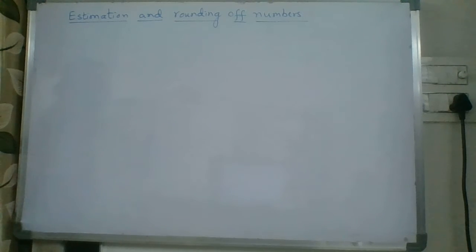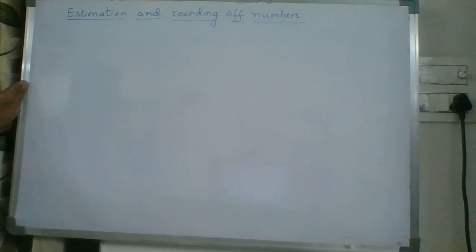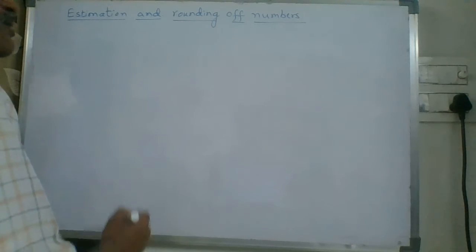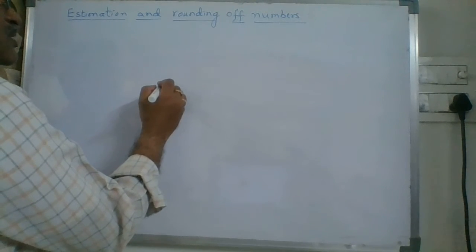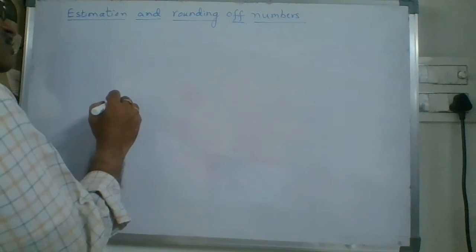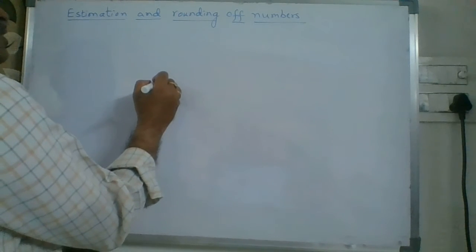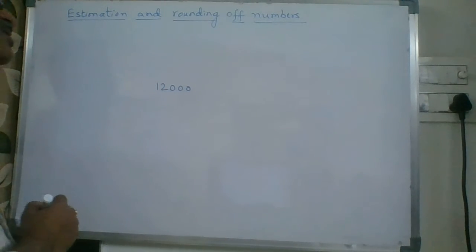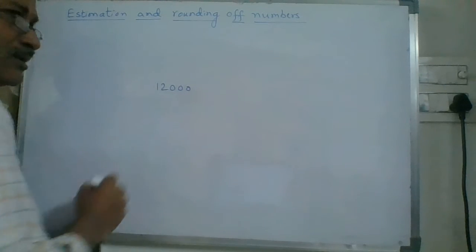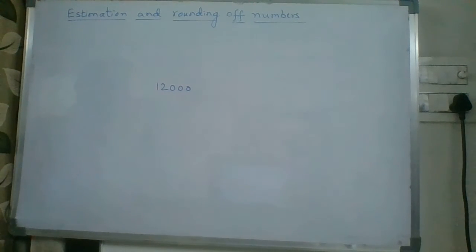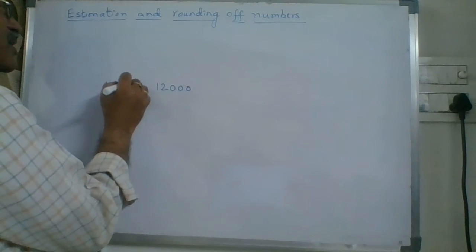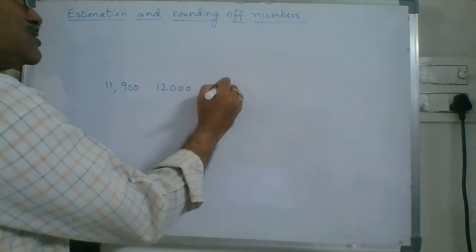The next topic is estimation and rounding of numbers. Suppose in our daily life we come across many situations. For example, one day at the museum the number of visitors was, suppose, 12,000. 12,000 approximately means the number of people who visited was around 12,000, which can be like 11,900 or 12,100.